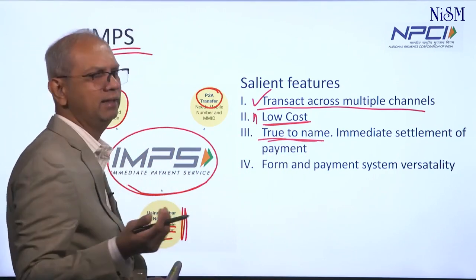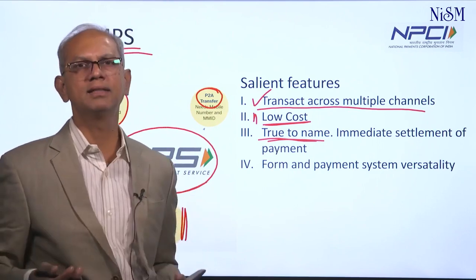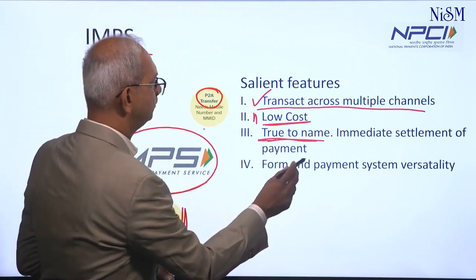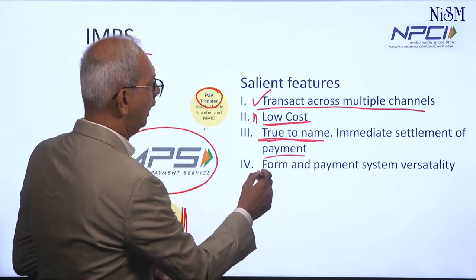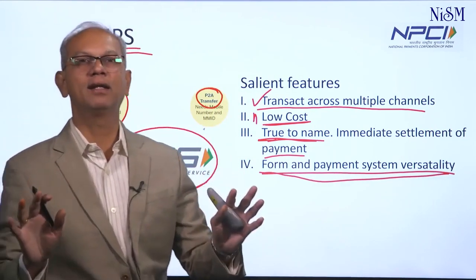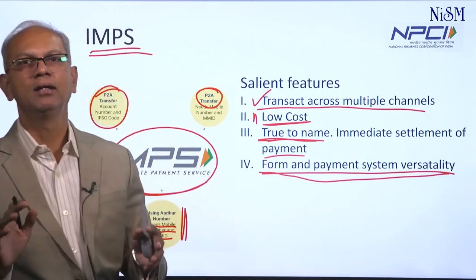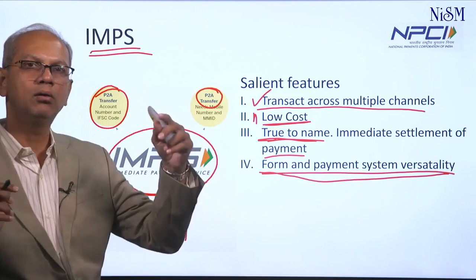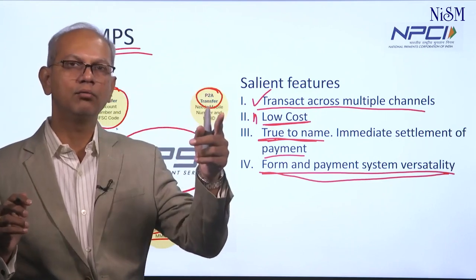It's true to its name. What does that mean? It's immediately settled. The moment it is debited here, it's credited there, right? So it's true to its name, and it's completely versatile. What does that mean? There's no failure rate. You can pay from one account to the other without having to worry about calling the person and checking whether they've got the money or not.